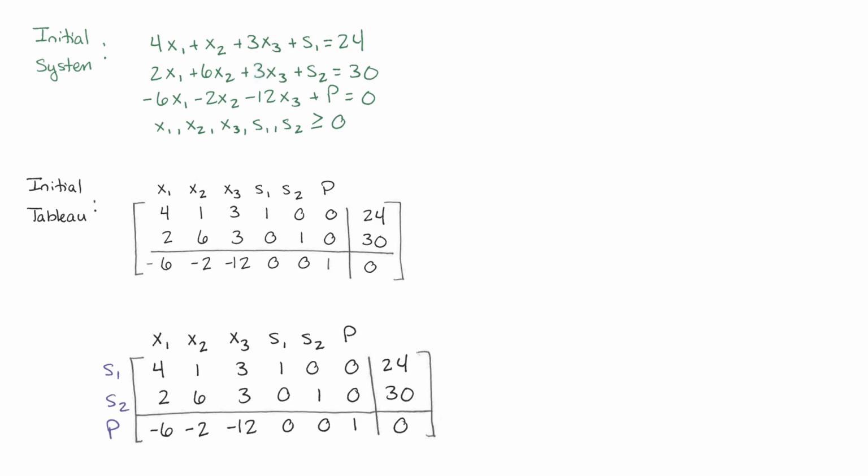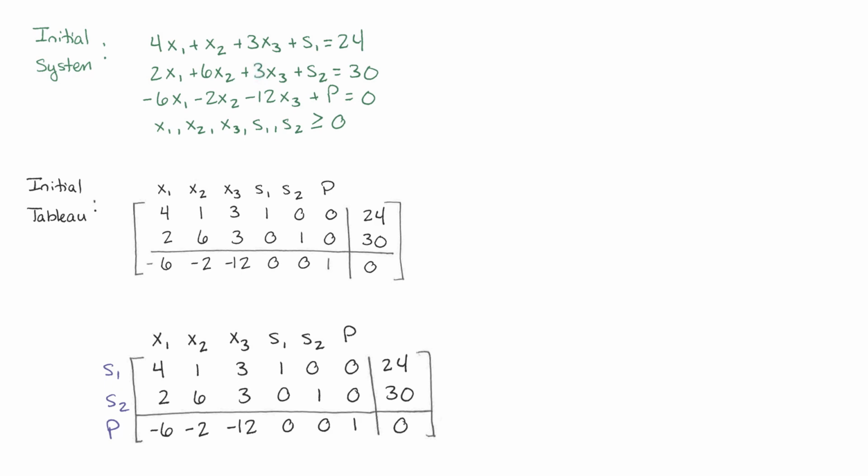Now, our variables x1, x2, and x3 all have non-zero elements, so those are going to be non-basic variables. S1 is of the form 1, 0, 0. S2 is 0, 1, 0. And the P column is 0, 0, 1. So those are our basic variables. Because S1 has a 1 in row 1, S1 is going to represent row 1.